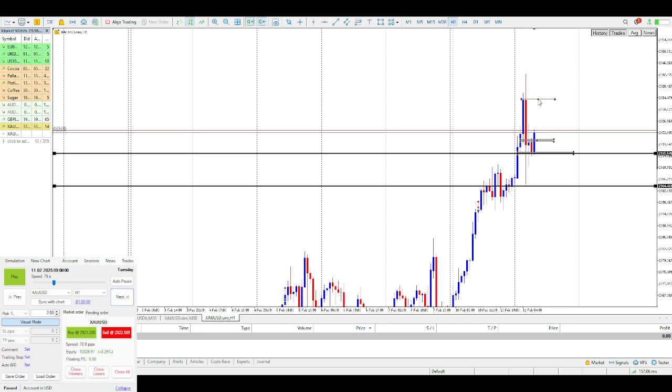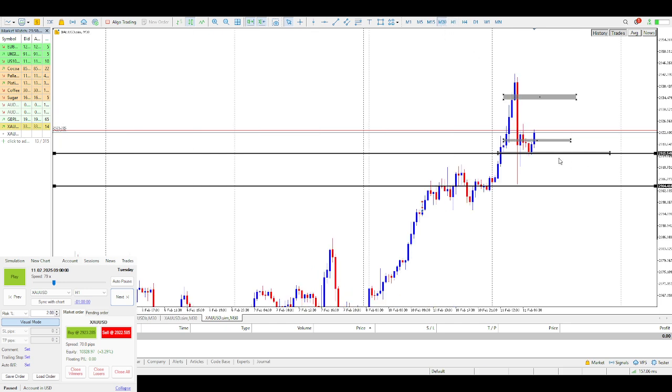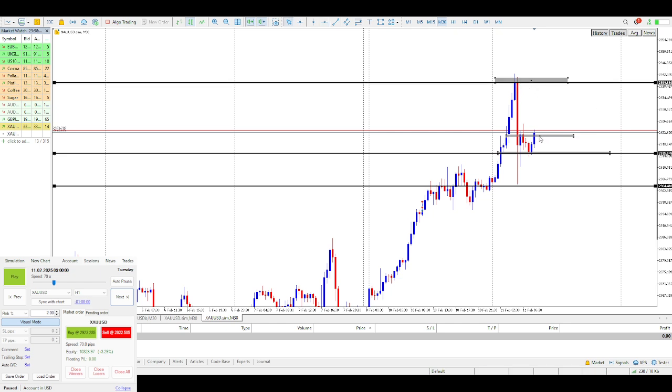And we have our target up there. We go to the M30 time frame, still early in the 2 hours before, but you can see there is that setup.